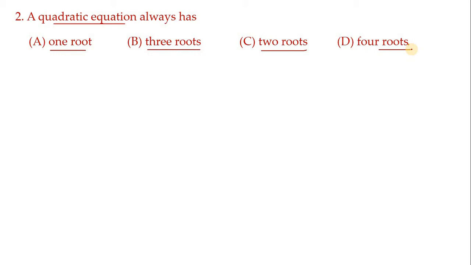In that, the highest power is 2. Hence, a quadratic equation always has 2 roots. So, the correct option is C. In case they ask about a cubic equation, it has 3 roots. Move on to the next question.